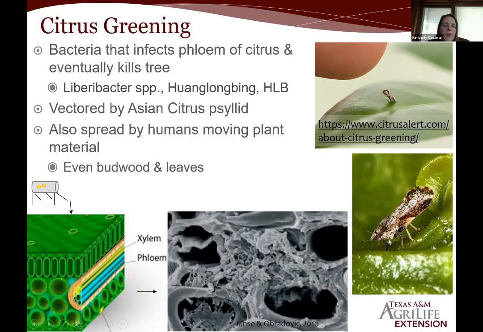There are also some photos on the Citrus Alert website of the frass and things like that to look for from these Asian citrus psyllids. This can also be spread by humans moving plant material, even budwood and leaves. That's one of the reasons quarantine is very important with this: we don't want to move that material around.